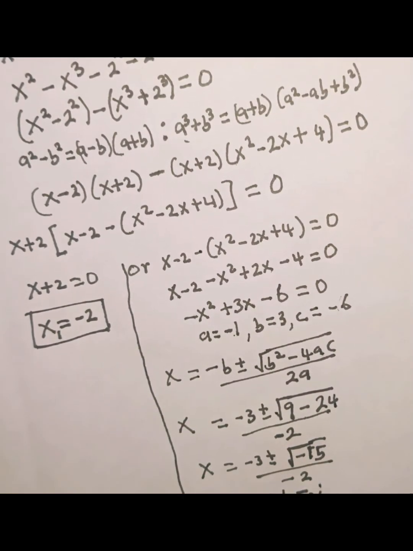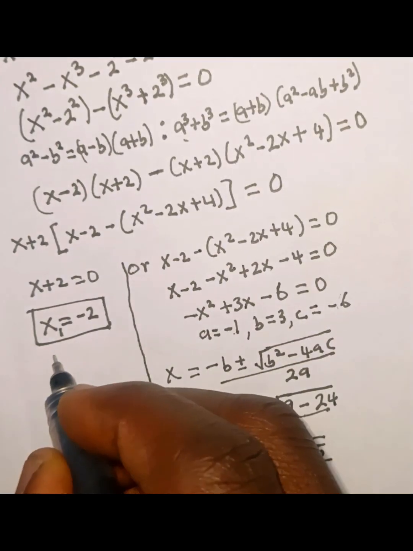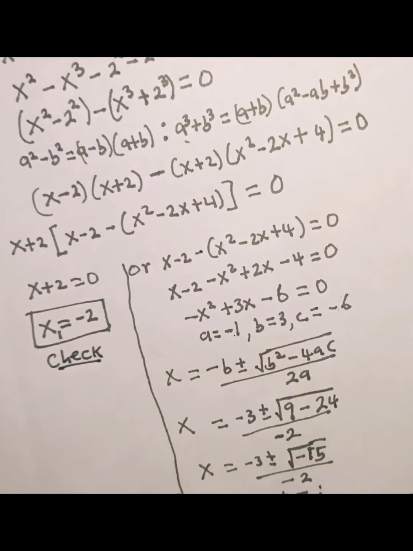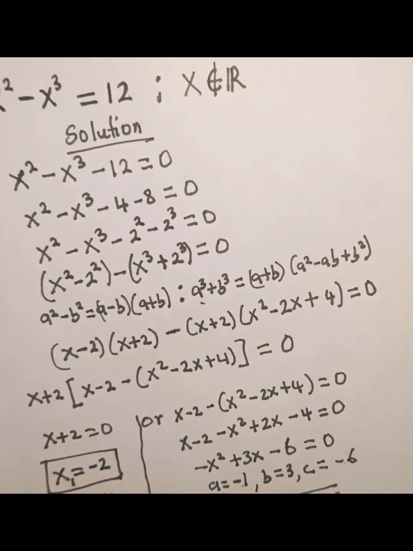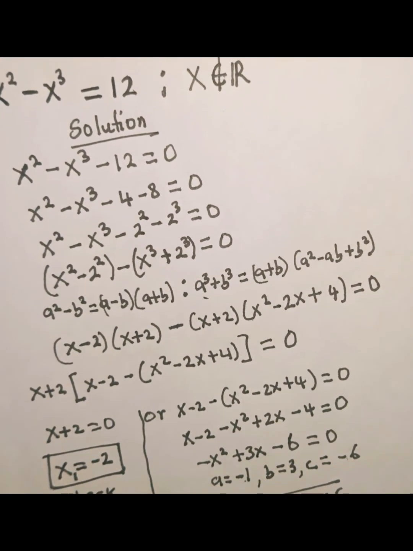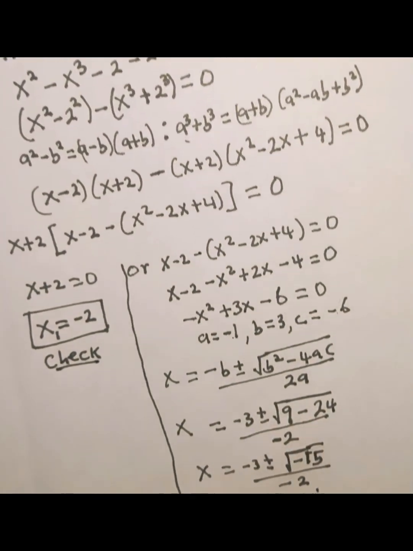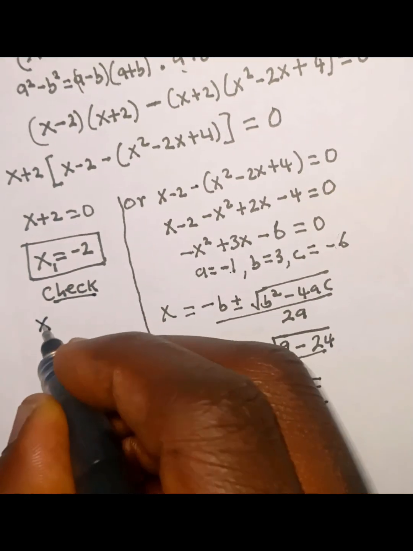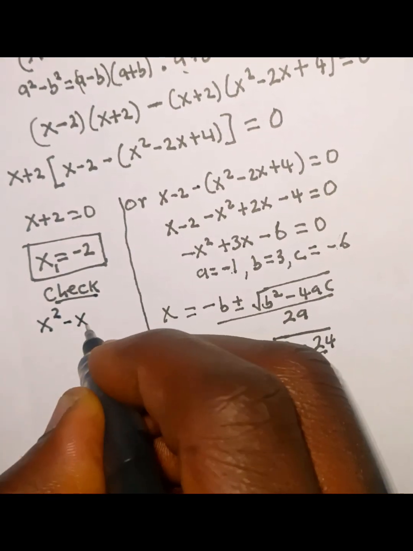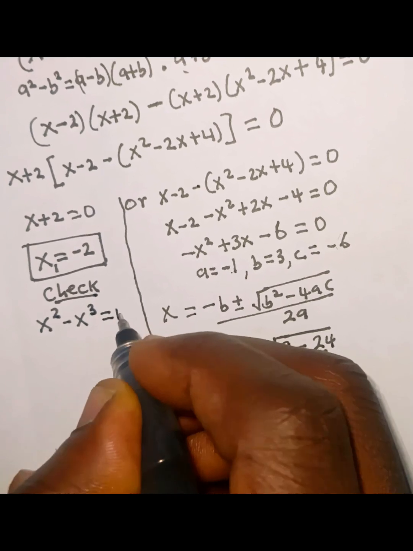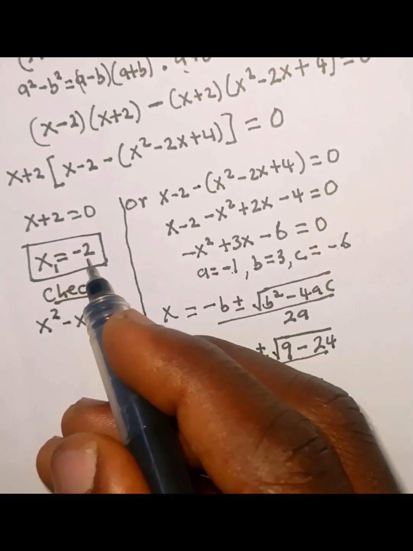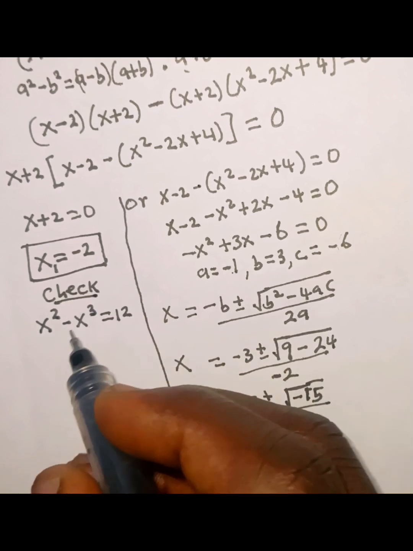Now, for us to confirm that this solution really satisfies the equation, we need to check by writing the original equation, which is what? X to power 2 minus x to power 3 equal to 12. So we rewrite our original equation, which is x to power 2 minus x to power 3 equal to 12. Now let's substitute x equal to -2. Anywhere we see x, we replace with -2.